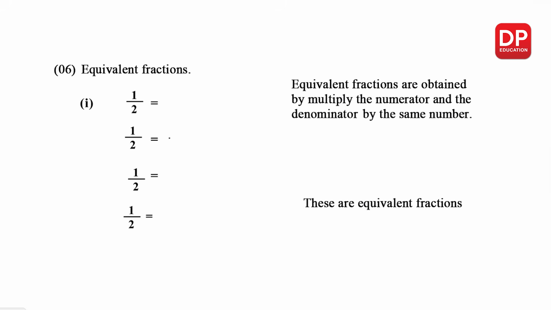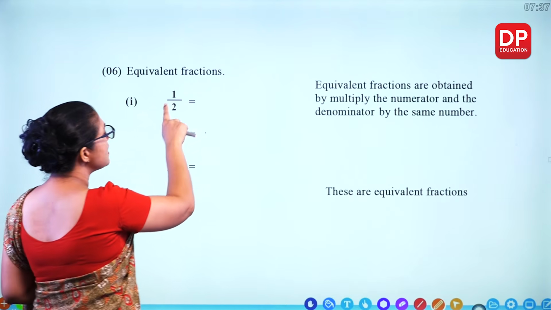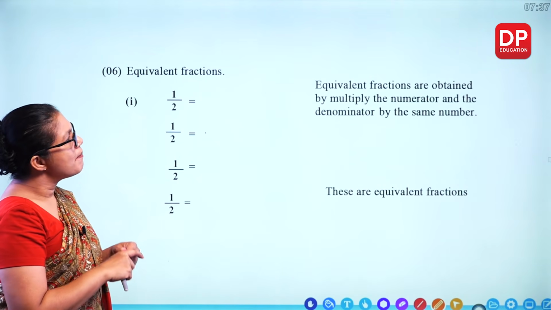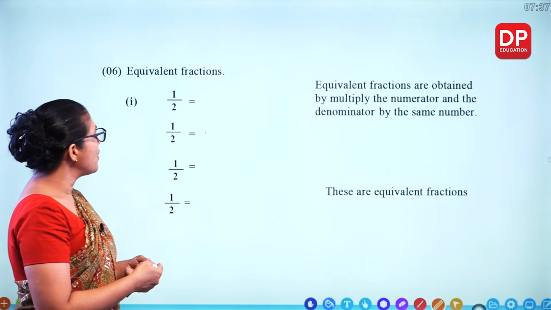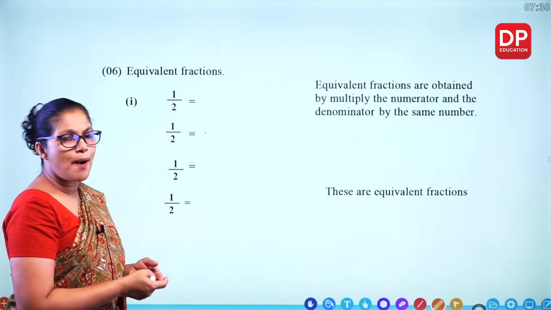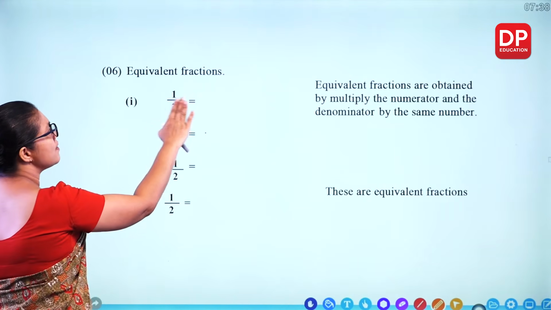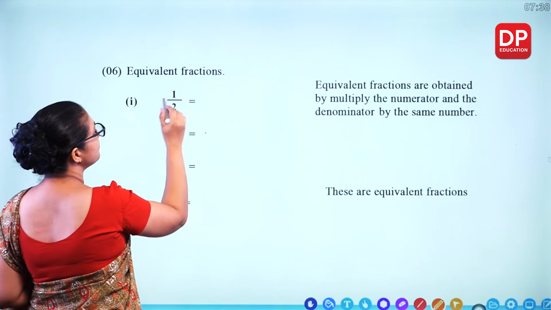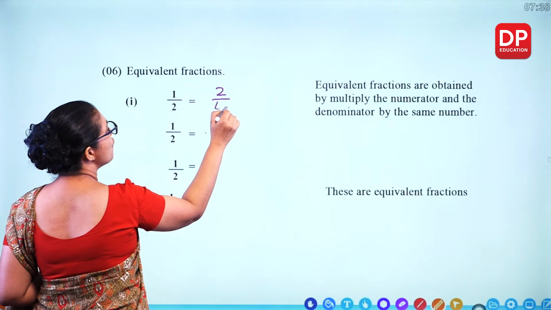Equivalent fractions. You can get equivalent fractions by multiplying the numerator and the denominator by a whole number. You can multiply by 2, 3, 4, any number, and you get an equivalent fraction. So here we'll multiply by 2. 2 times 1, 2. 2 times 2, 4.